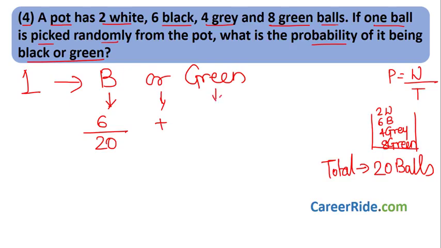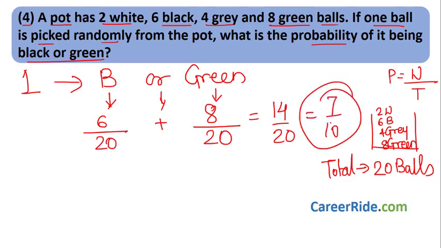Green. What is the probability that I choose a green ball? There are how many possibilities of green? I want green, but there are 8 possibilities of green. So 8 divided by total possibility 20. What will you get over here? 14 by 20, that would be 7 by 10. So this is the probability that the one ball which we picked randomly was black or green.